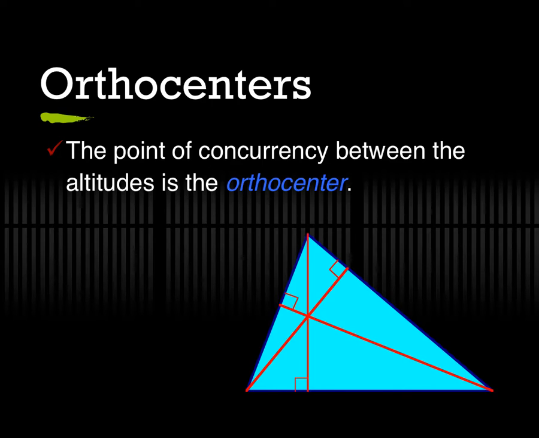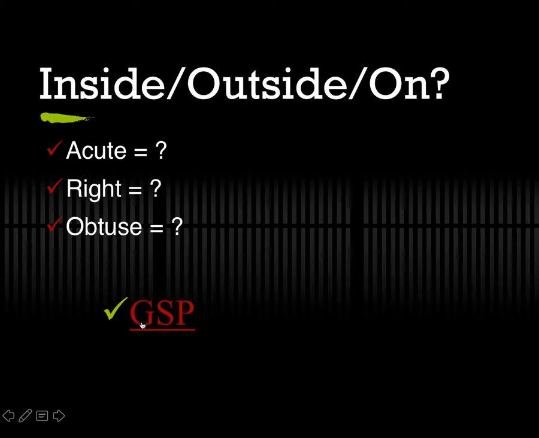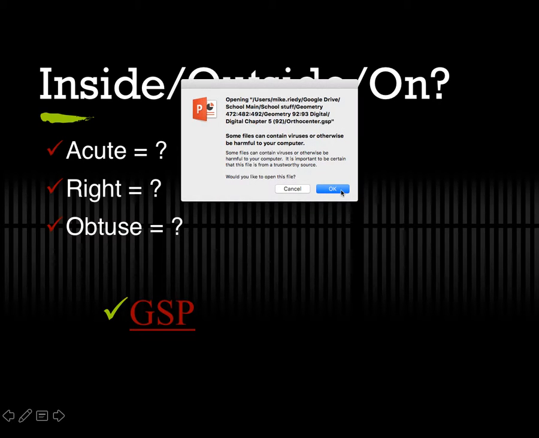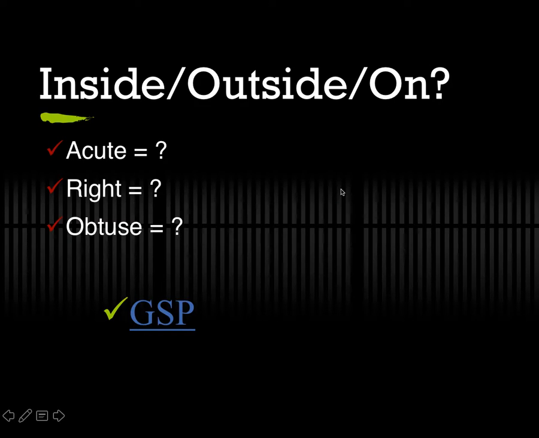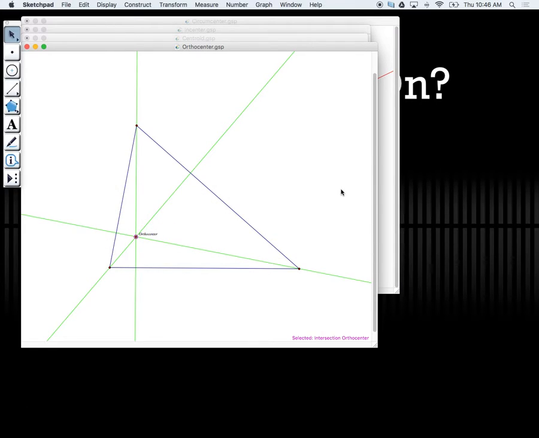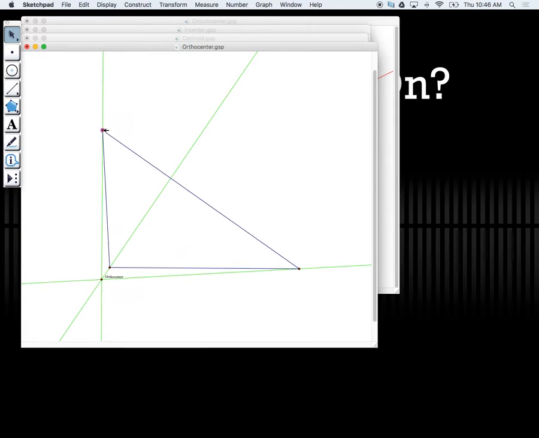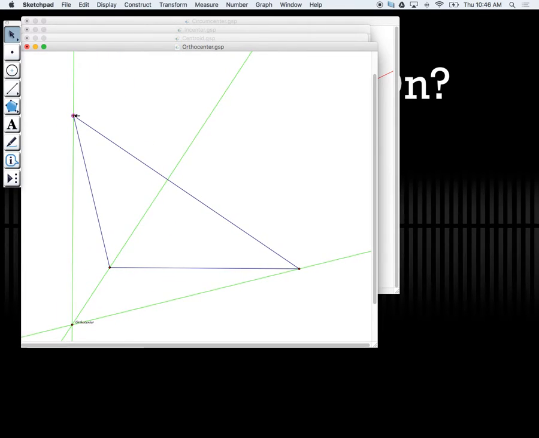Acute triangle, orthocenter's inside. What if it's obtuse? Inside. Inside, and right triangle? Inside. Okay, so you guys bought into the inside thing ever since you got burned the one time. Okay, there's the orthocenter. Uh-oh. Okay, so this is what you want to make a note of.